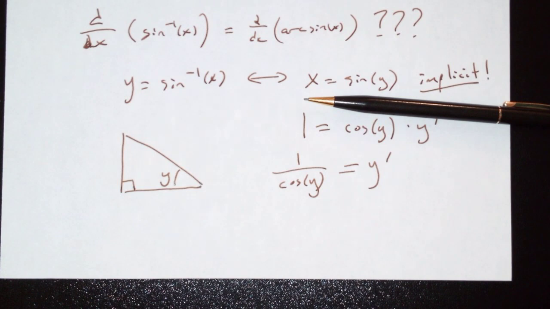Which 2 sides of my triangle are involved in sine? There's a little mnemonic we had to remember. Remember sine in the triangle and cosine in the triangle and tangent in the triangle, and which sides went with what? Which sides go with sine? Opposite and hypotenuse.